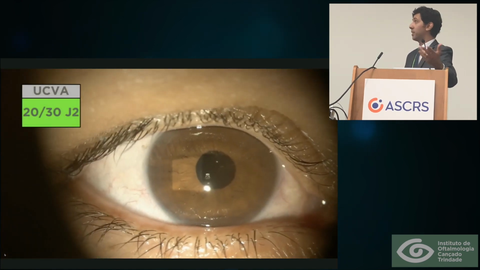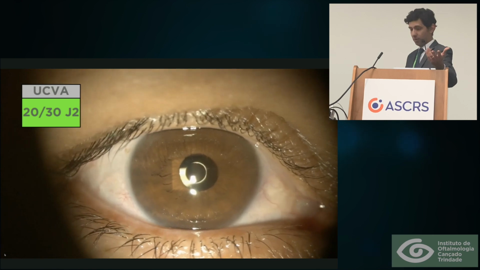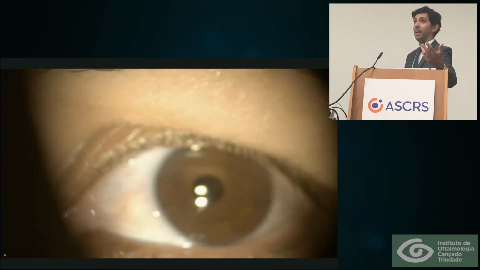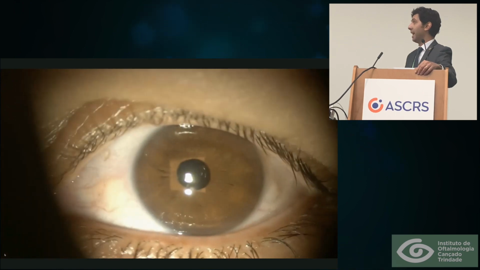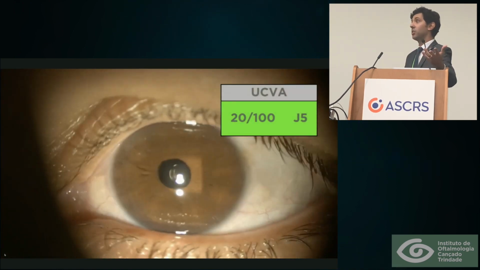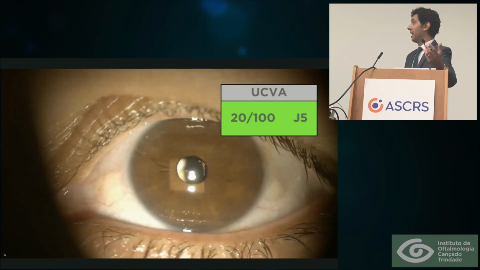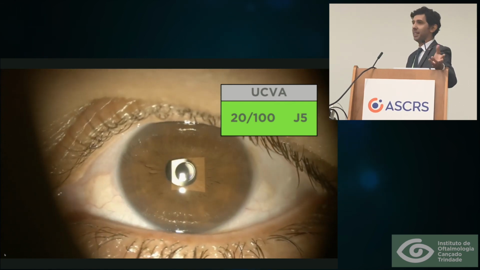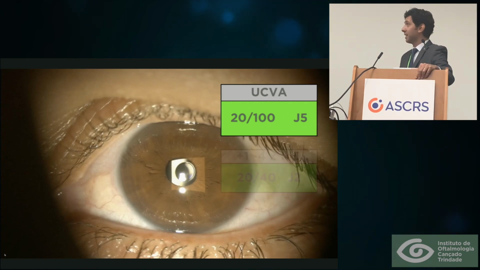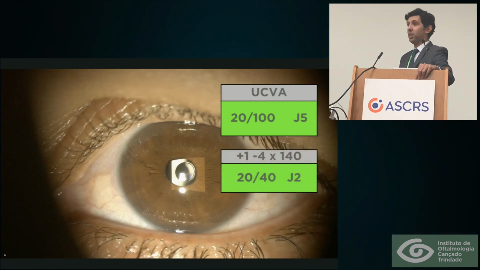And this is the result of the first eye, a very good uncorrected vision. And the fellow eye, which had a better keratoconus, ended up with a worse uncorrected vision. Here we used an IOL inside the capsular bag and the pinhole in the sulcus, but with a cylindrical correction, she could reach very decent vision, and she was happy.